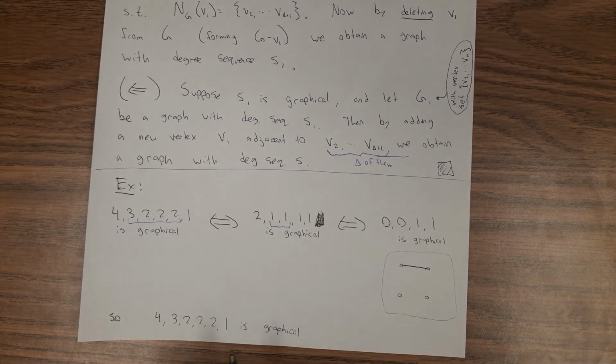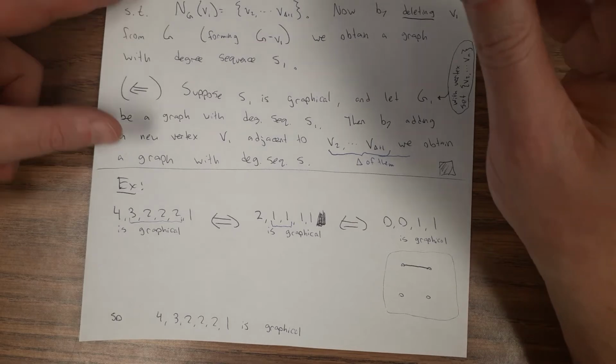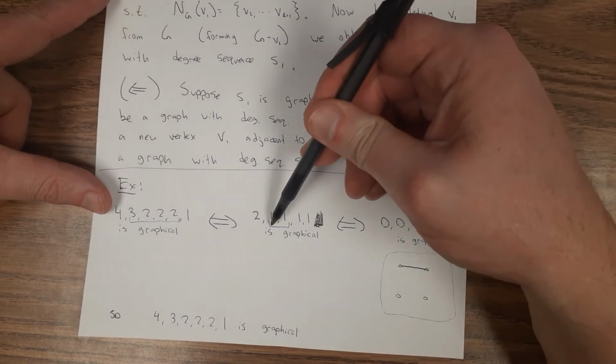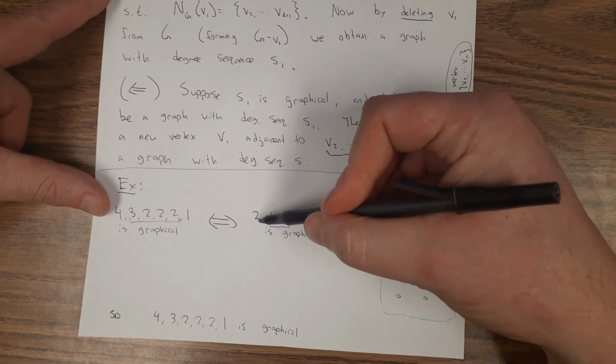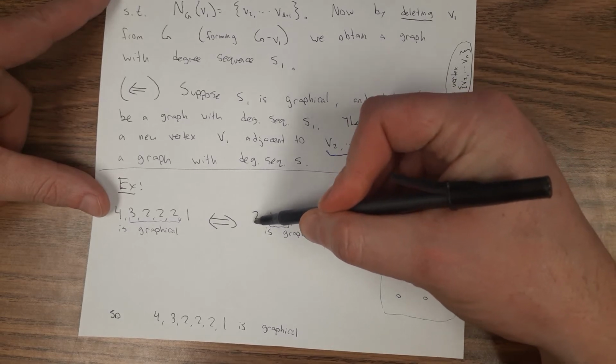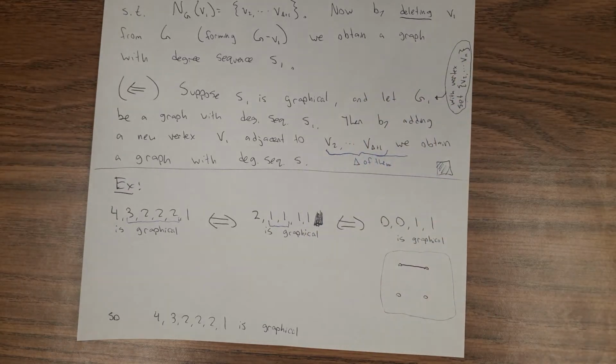It's possible to use this and tell. It's possible to start with this graph and then go backwards. So how do we do this? Basically, to go backwards, what I'm going to do is come up with the special graph.